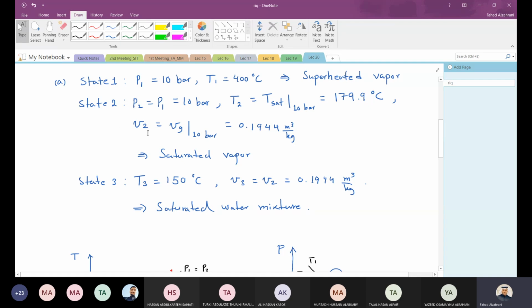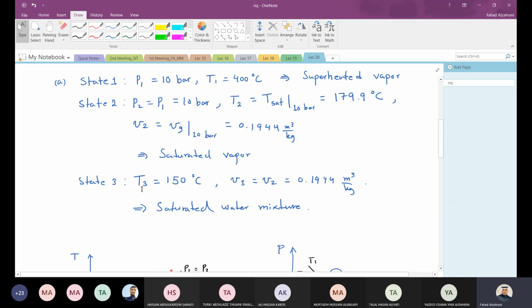And V2, we need to evaluate V2 because V3 is equal to V2. Alright, so process 2 to 3 is a constant volume process. So the specific volume at the third state is the same as the specific volume at the second state, however at a different temperature, which is 150 degrees Celsius.